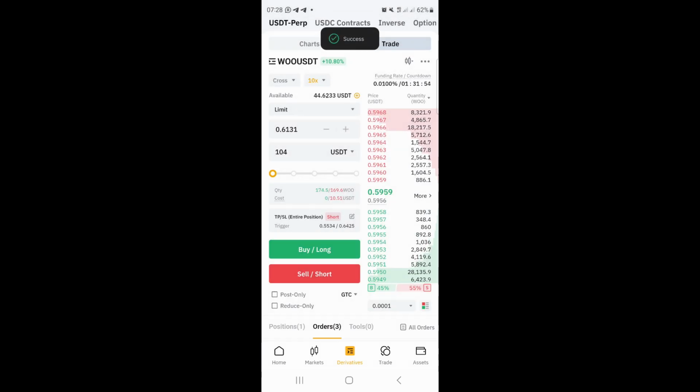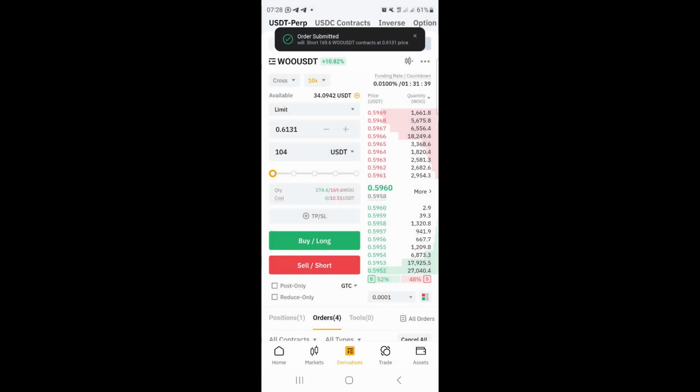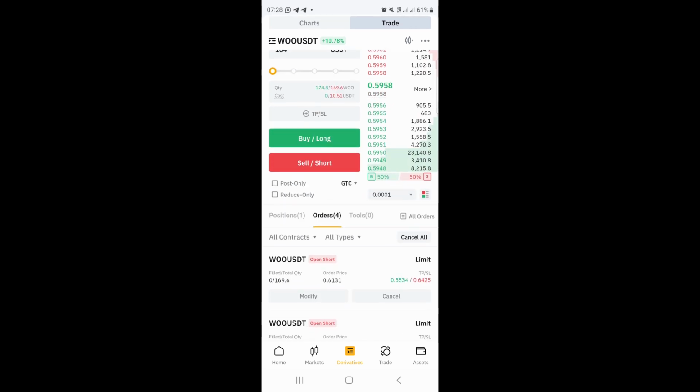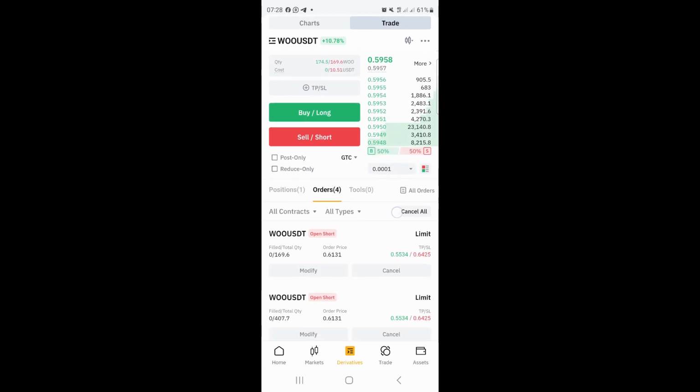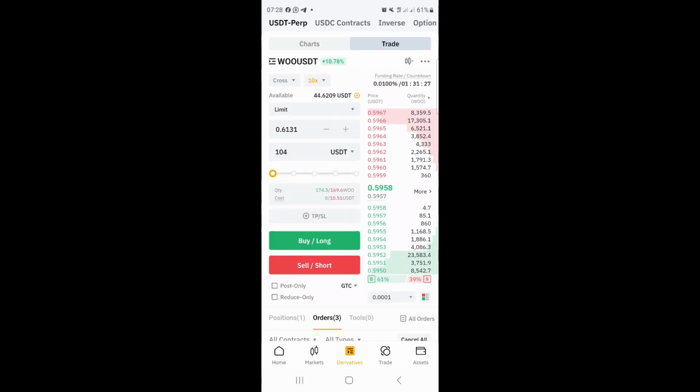If I enter this trade like this, just click on sell, because it's a sell order, you're going to click on sell short, and I click on confirm. You can see how much is left in my balance. Let me cancel this one so I can show you. You can see what I have here is $44 in my available balance.